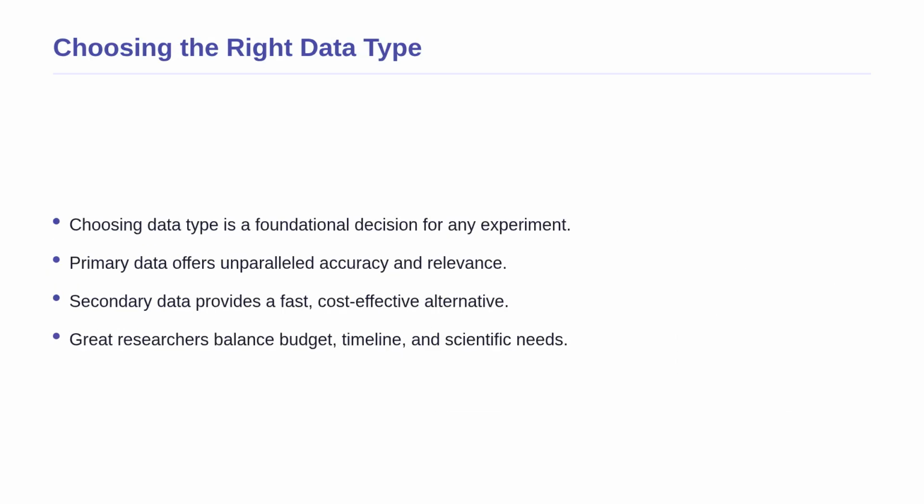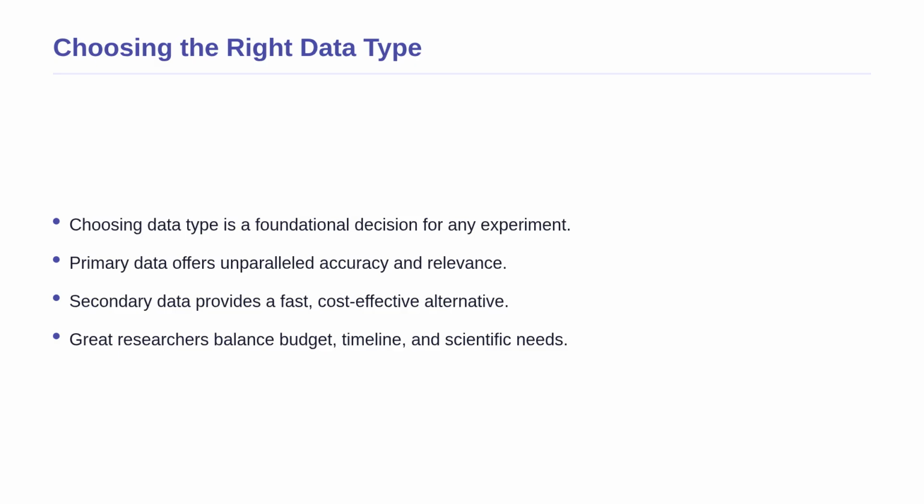Now that we have explored the pathways and the costs, we must recognize that choosing between primary and secondary data is one of the most foundational decisions a biostatistician must make before beginning an experiment. There is no single correct answer for every study.